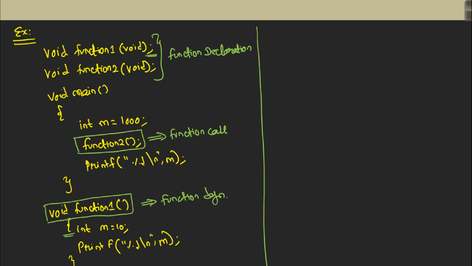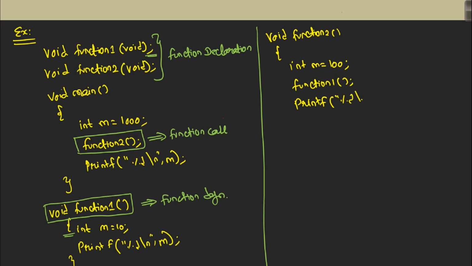So listen carefully now. Void function 2 of, inside that I am giving int m is equal to 100, function 1 of, printf %d \n comma m.